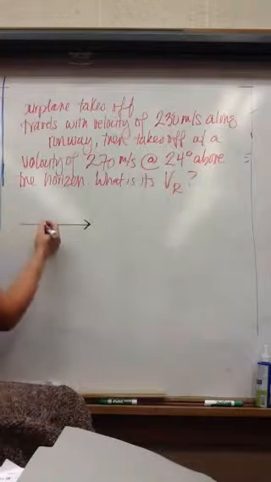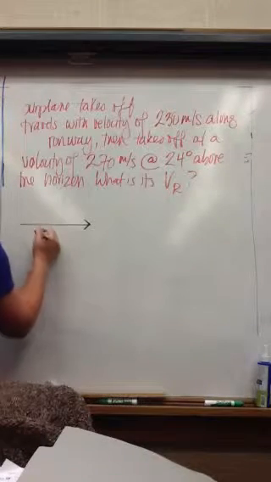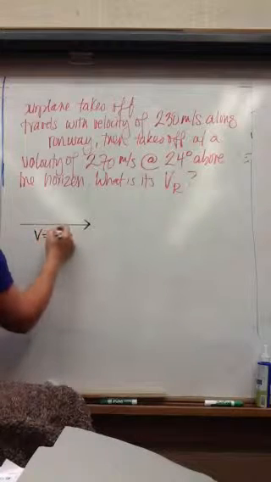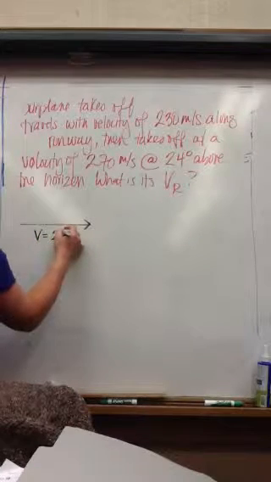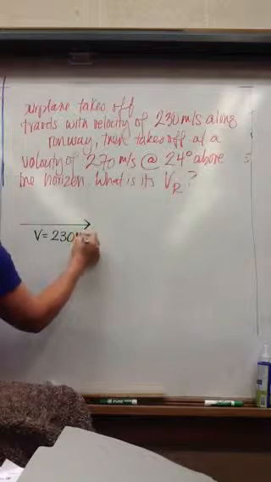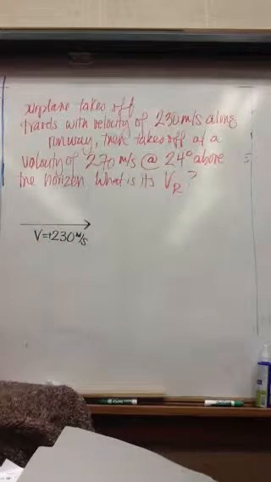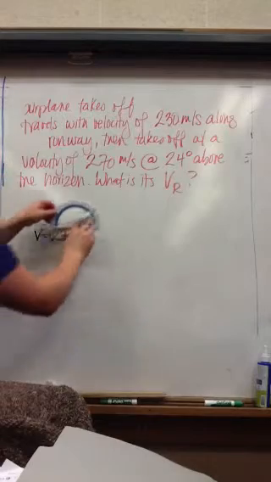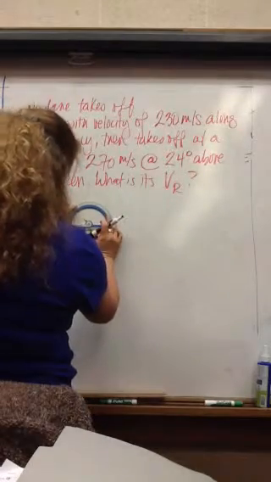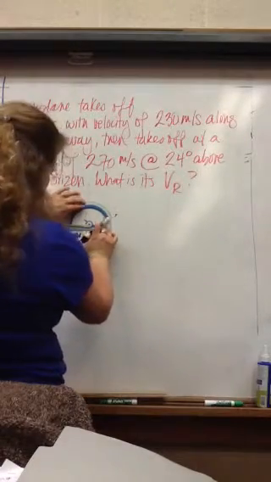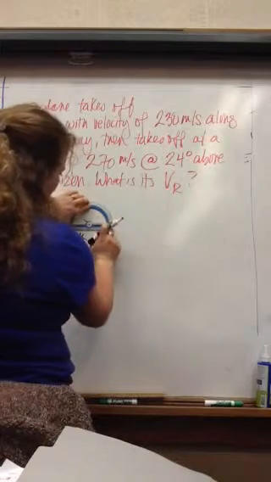Okay, so this is velocity equals 230 meters per second, and we're just going to say that that's positive, it's along the ground. Now comes the weird part. We're going 24 degrees above the horizon. So I'm going to take my protractor, and I'm going to come 24 degrees up from the horizon.